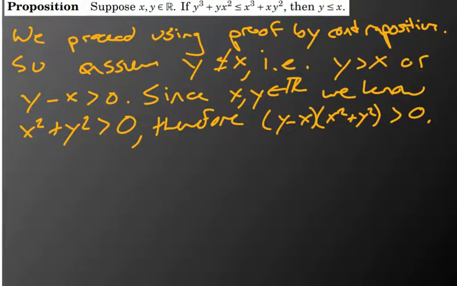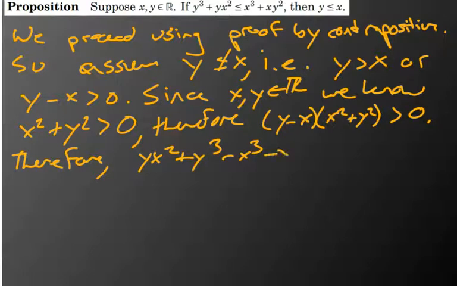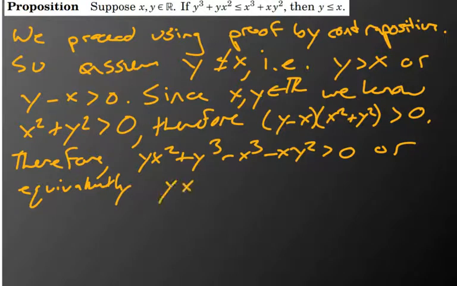Now this is maybe not clear where this is going yet, but if you just double distribute this thing out, I'm just going to say, therefore, yx squared plus y cubed minus x cubed minus xy squared is greater than 0, or equivalently, we have that yx squared plus y cubed is greater than x cubed plus xy squared.